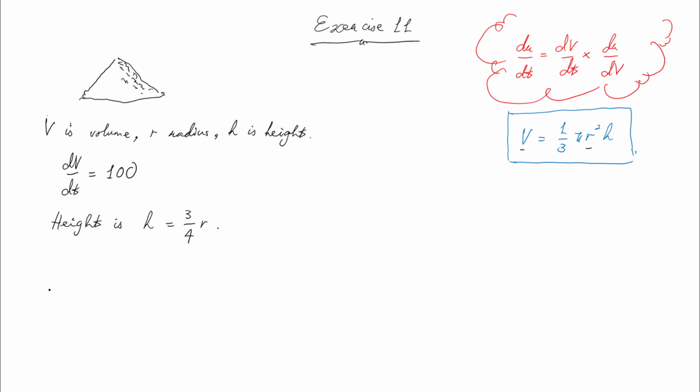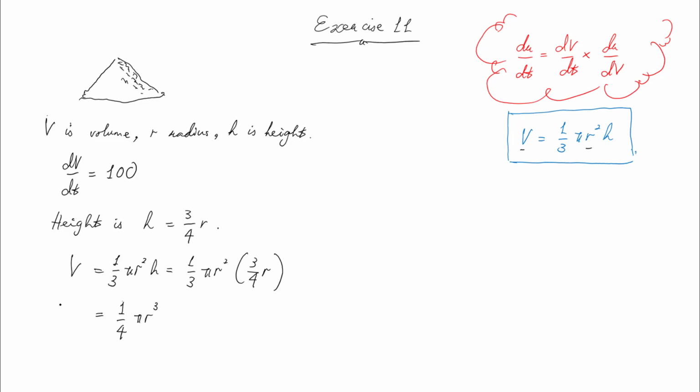And then our new volume. So volume is equal to 1 over 3 pi r square h, can be rewritten as 1 over 3 pi r square multiplied with 3 over 4r, and the final new expression of the volume over here will be 1 over 4 pi r cubed.